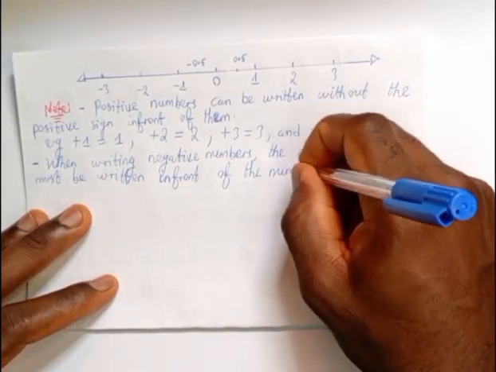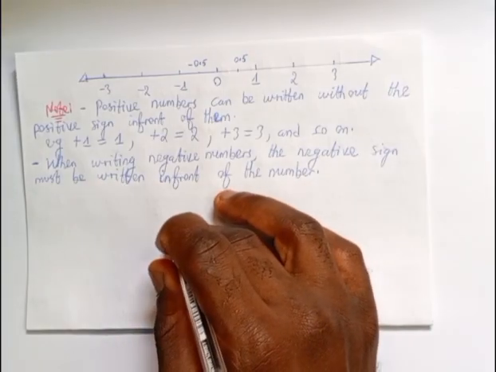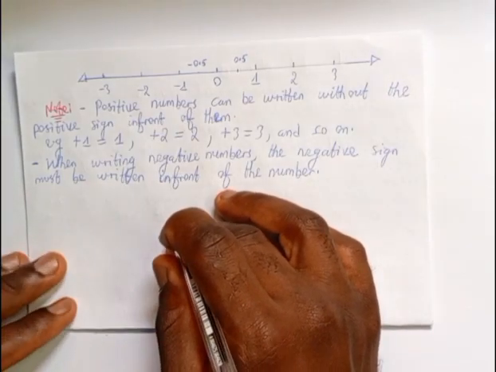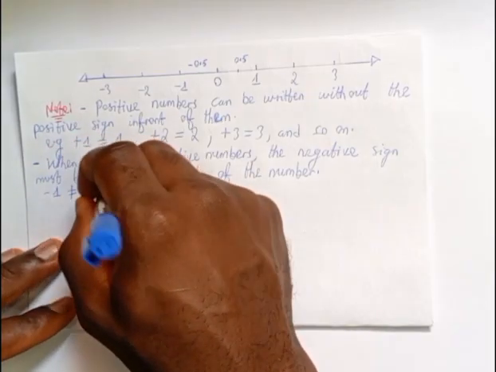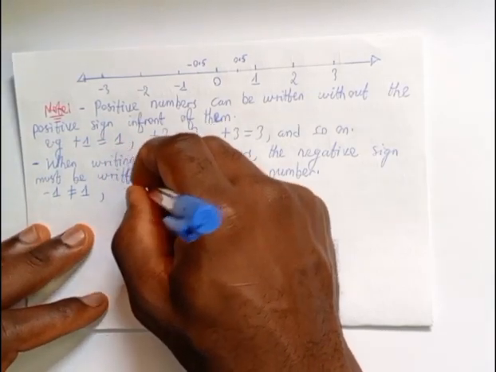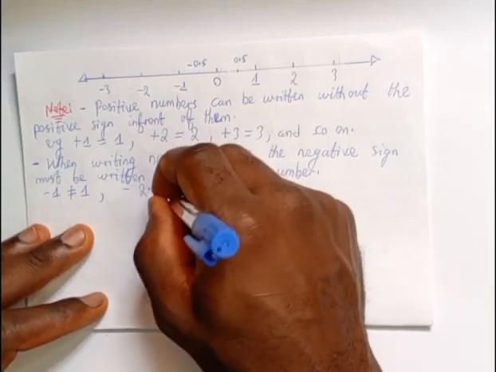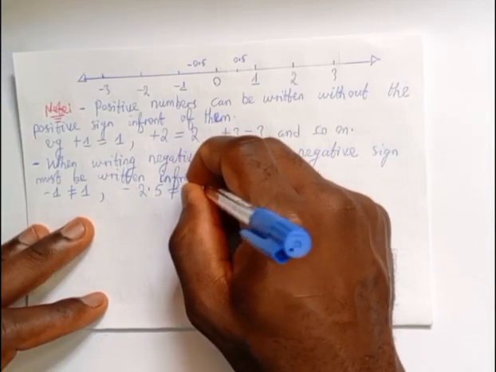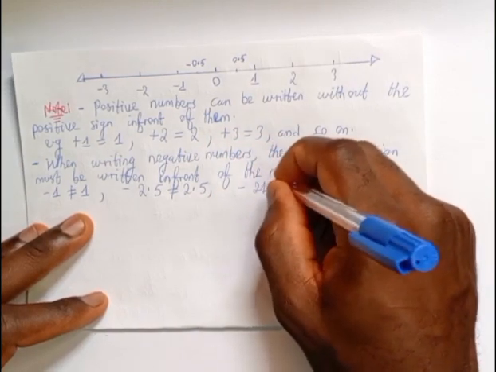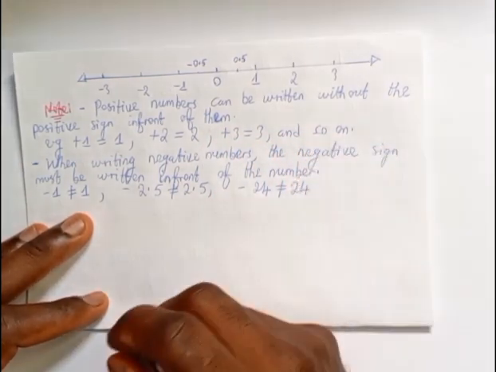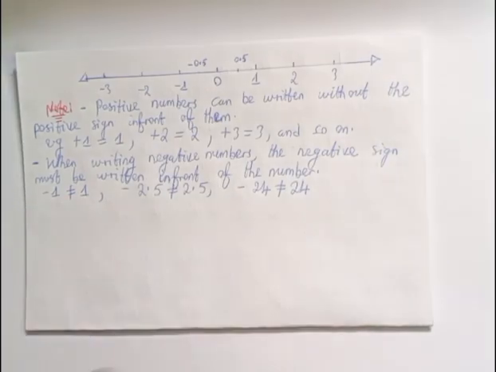You cannot write down negative numbers without the negative sign. -1 is not the same as 1. -2.5 is not the same as 2.5. -24 is not the same as 24. We must take note of this.